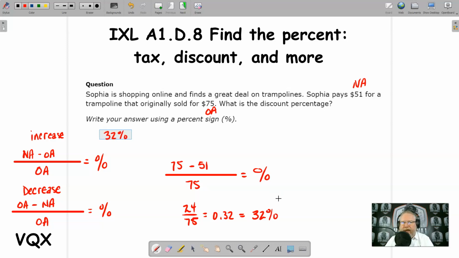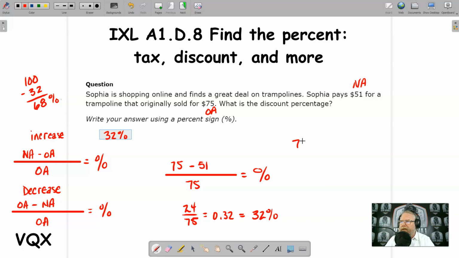Now we could double check this, right? We could go ahead and figure this out like we've done before in other situations. If something's discounted 32%, then that means you're paying the difference of the percentage. You're paying the percentage difference of 100 minus the 32, which in this case is going to give us 68% is what you're paying.